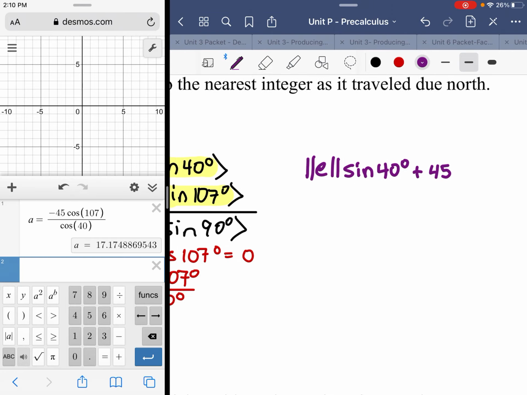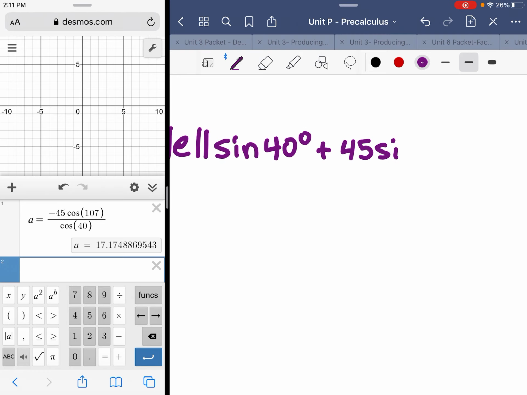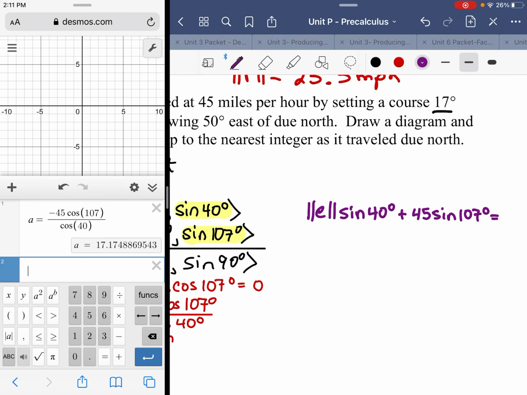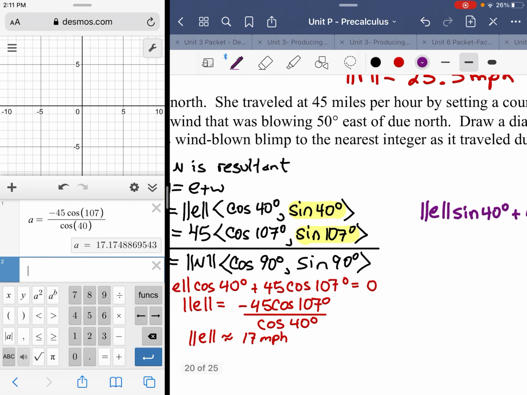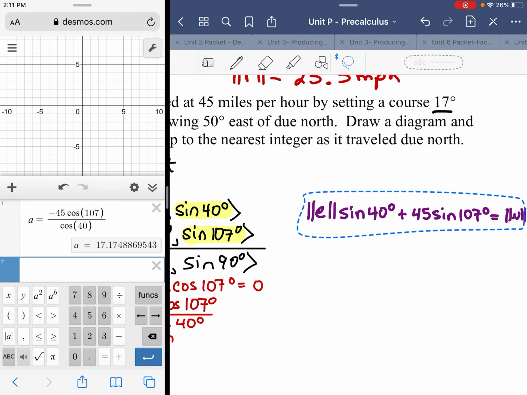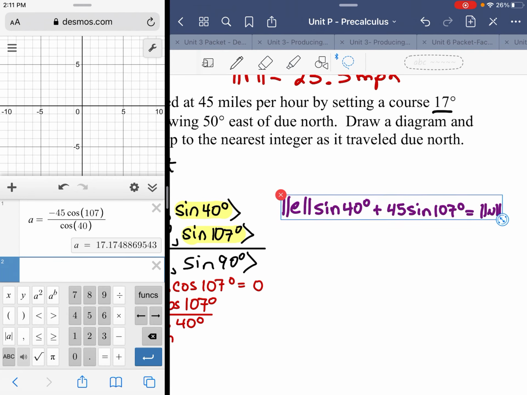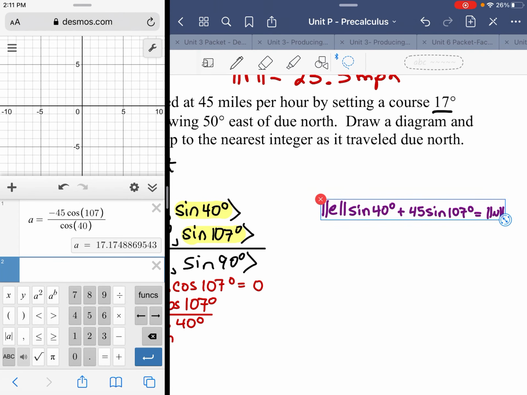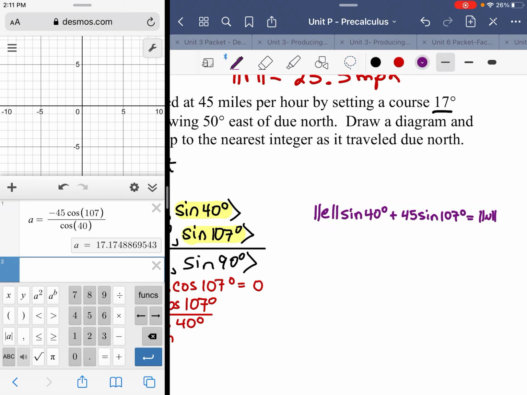I'm just going to write up the equations first. 40 degrees plus 45 sine of 107. And then that's going to be equal to, well, we got sine of 90, which is 1, times the magnitude of N, which is just going to be the magnitude of N.